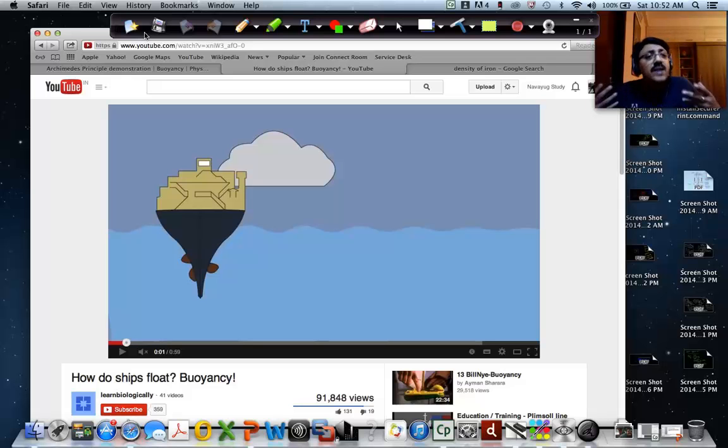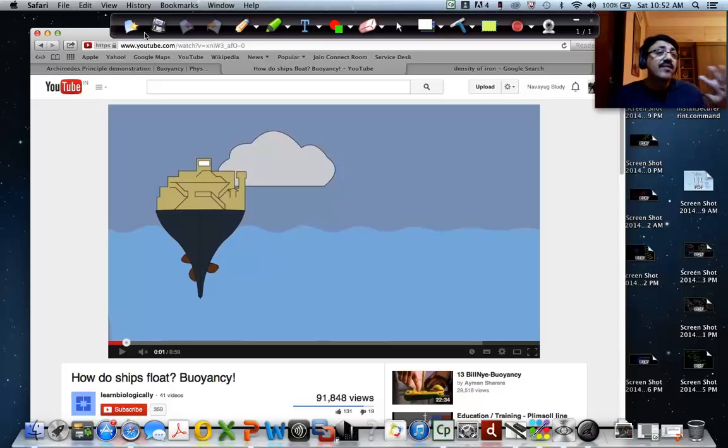Then how is it able to float? Typically, I have told you if the density of the body is more than the density of the fluid, then it cannot float, right? So here, the ship is made of steel, whose density is around 7,000 kilogram per meter cube, whereas the density of water is 1,000 kilogram per meter cube, which is less.